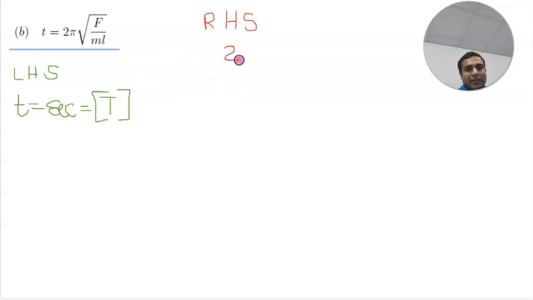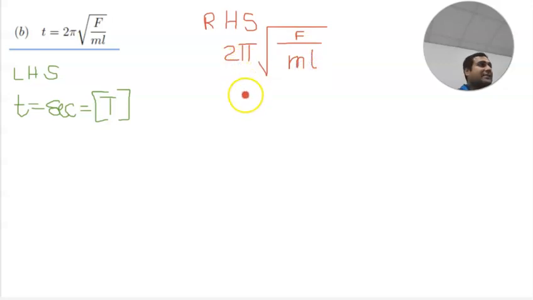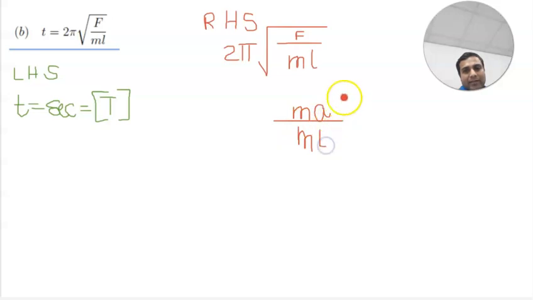I have 2 pi, F over ml. 2 pi is insignificant because it's a number. And again, F is ma, and that is ml, and then a square root. Cross this out, cross this out.